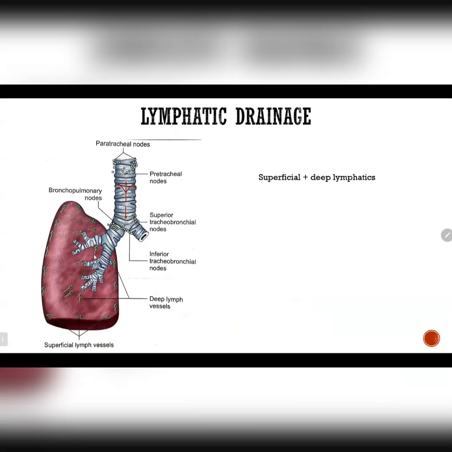Lymphatic drainage: just know that the lung has two sets of lymphatics. Superficial lymphatics are just beneath the pleura, whereas deep lymphatics are within the lung parenchyma. Together, they drain into a group of lymph nodes at the hilum called bronchopulmonary lymph nodes. From there, the lymph flows into tracheobronchial lymph nodes and paratracheal lymph nodes.